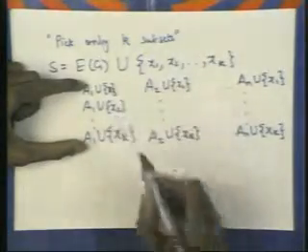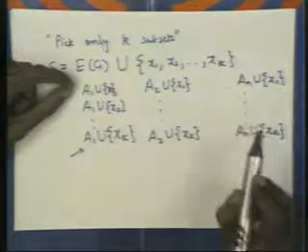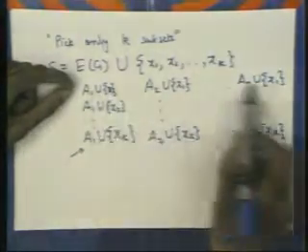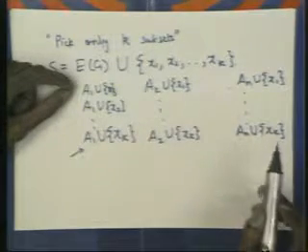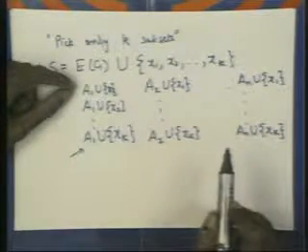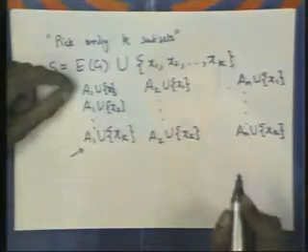If I look across a row here, I can pick only one of them. So from this I can pick only one, from this I can pick only one, and so on, and from this I can only pick one. So totally I can pick only k sets.